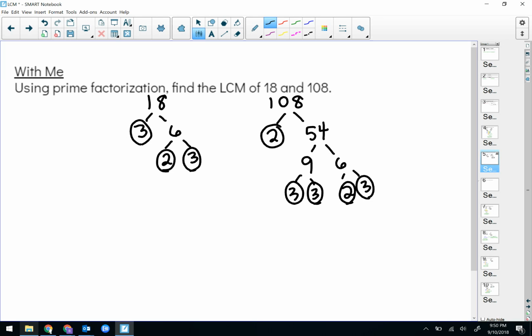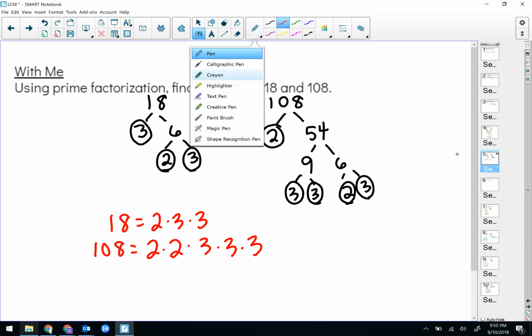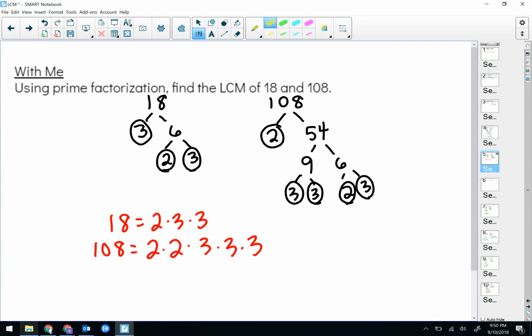Okay, so the next step is to set up your prime factorizations. So 18 equals 2 times 3 times 3, and 108 equals 2 times 2 times 3 times 3 times 3. So we're going to continue just like it's GCF.